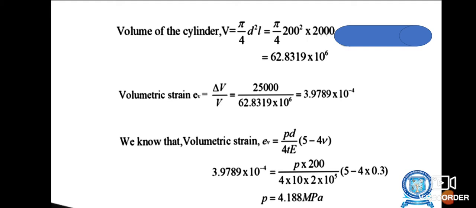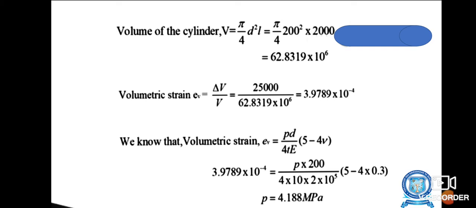So we apply all the values inside the formula. We know the volumetric strain 3.9789 × 10^-4 is equal to P, the pressure, which is unknown, so we find the pressure. Pressure unknown times diameter 200 divided by 4 times thickness 10 times Young's modulus 2 × 10^5, times (5 minus 4 times Poisson's ratio), and Poisson's ratio value is 0.3.